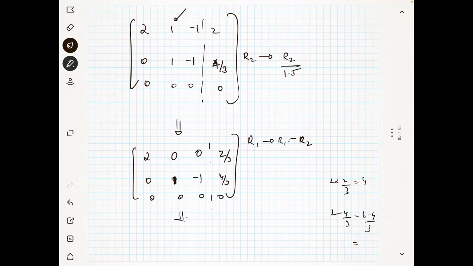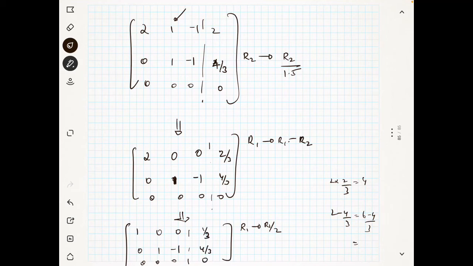I can write this again after dividing row 1 by 2. So this becomes 1, 0, 0. This becomes 0, 1, minus 1, this is 0, 0, 0. And this becomes 1 by 3. This becomes 4 by 3, and this becomes 0.